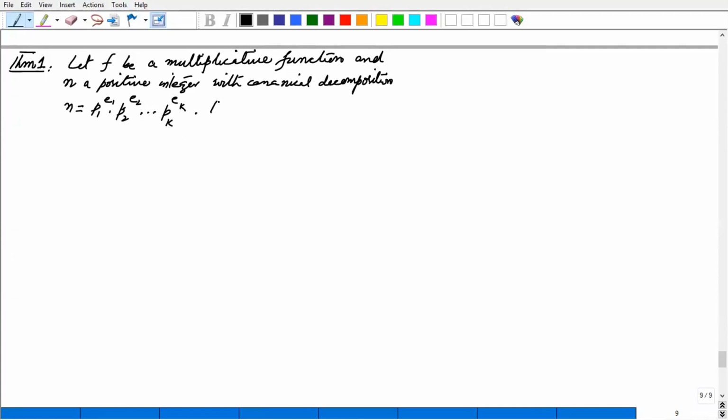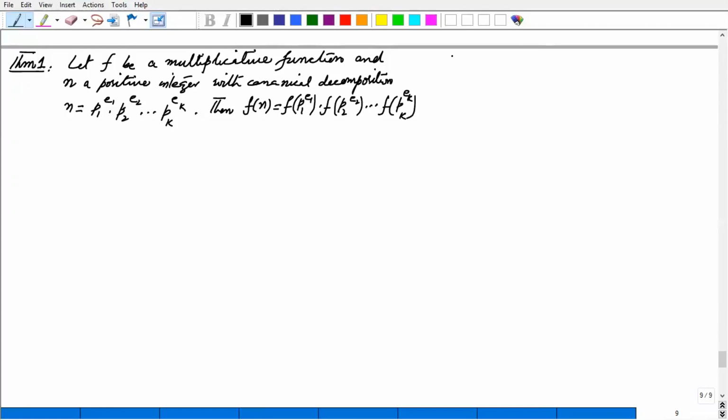Then f of n equals f of p1 to the power e1 times f of p2 to the power e2 till f of pk to the power ek.